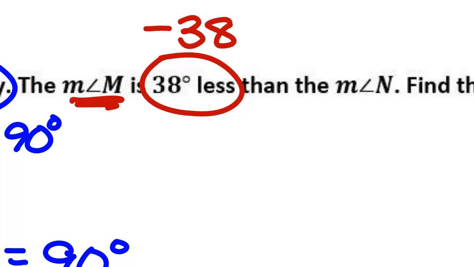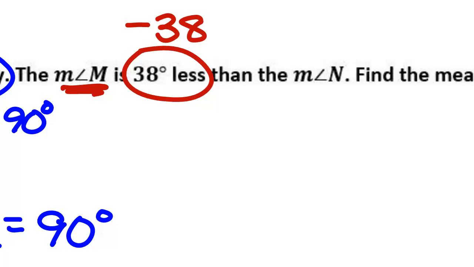It's not 38 minus. That makes a big difference. Here's the way I think of this one. I think about it with money, because I'm much better with money on some of this stuff. If you've got $40 and I have 38 less than you, do you do 38 minus 40 or 40 minus 38? 40 minus 38. So if it says less than, it's going to be minus and then whatever number they told you.